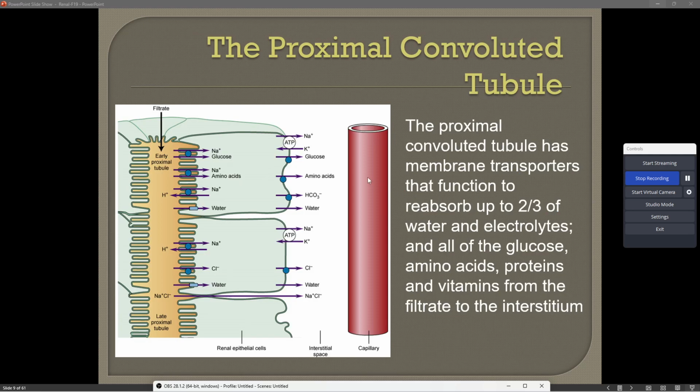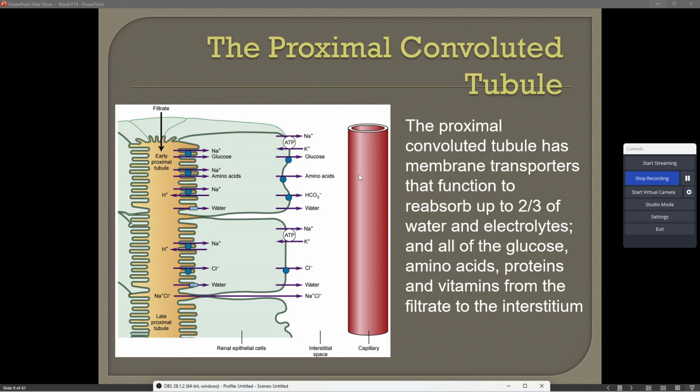This is just a brief overview of what the proximal tubule is responsible for. The proximal tubule is responsible for regulation via sodium potassium channels, and it regulates glucose, amino acids, bicarb, water, chloride. It regulates all sorts of stuff. In the early proximal tubule, we're trying to get sodium and glucose into the interstitial space.